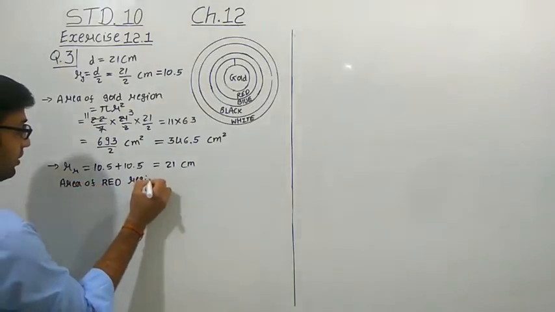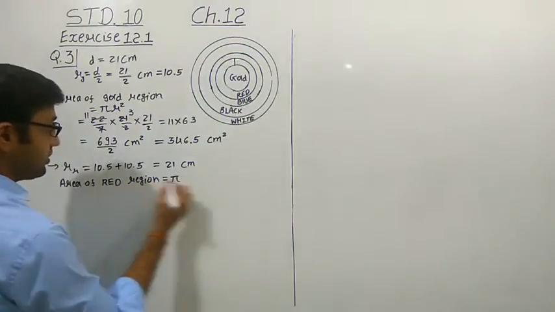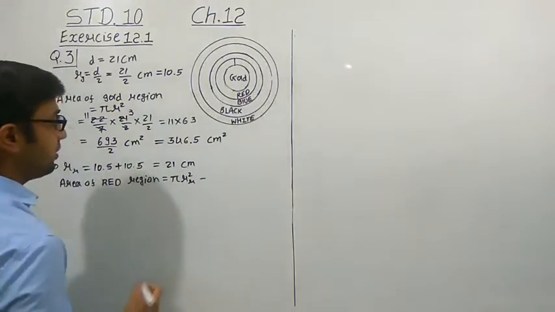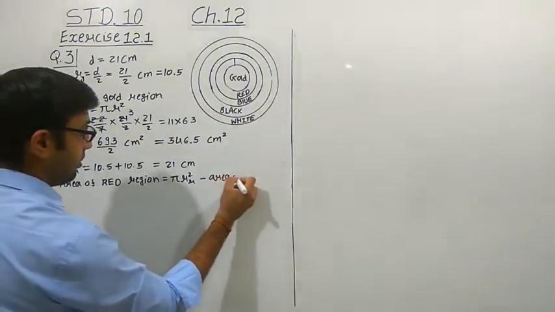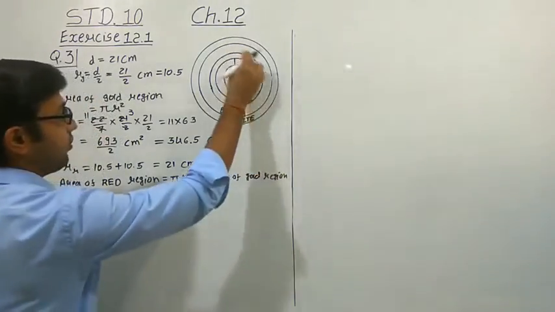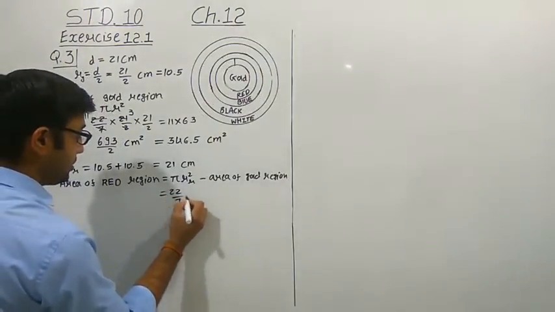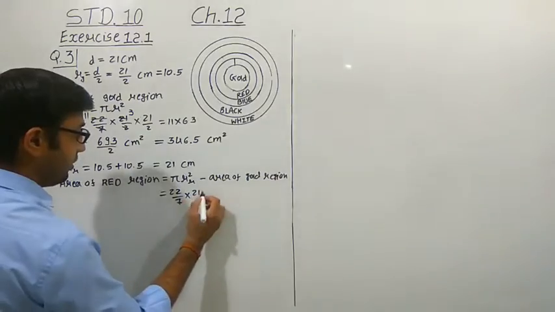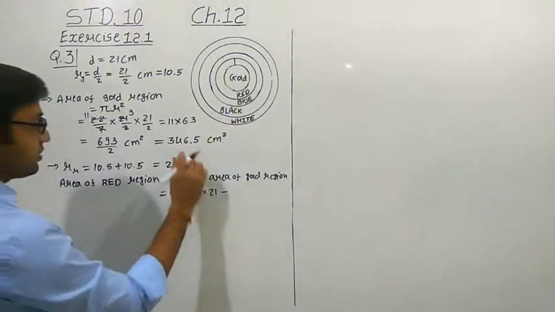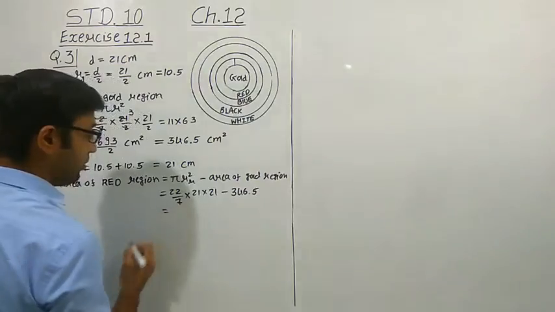Area of red region is equal to, first we have to calculate the area of this circle covered by the red region, then we have to subtract the area of the gold region. Then only we can find the area of the band. So this is 22 upon 7, radius is 21, so we write 21 twice, minus the area of the gold region, that is 346.5.